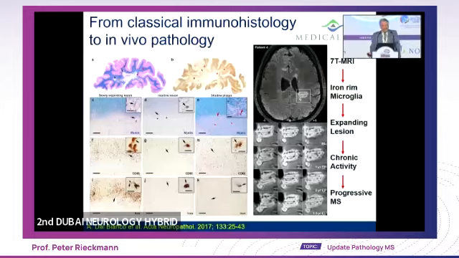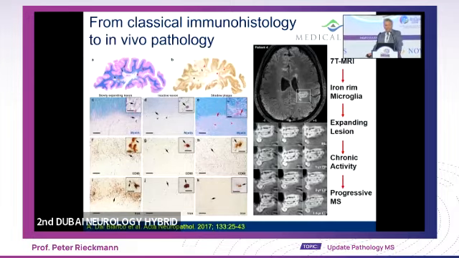So the classical immunohistology, as outlined here, is where we can define the chronic active lesion, then the expanding lesion, and then the shadow plaques. Something important if we try to turn the histopathology, as we see it under regular conditions on our slides under the microscope, into in vivo pathology is what we can see here: the accumulation of iron in the rim of the expanding lesion.